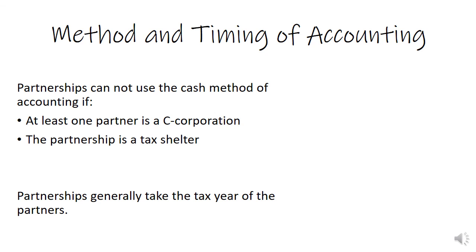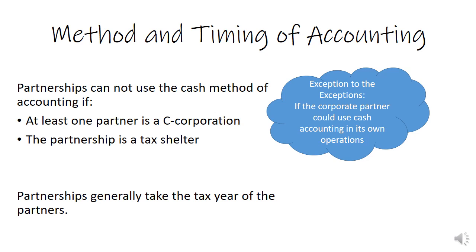Another decision that the partnership makes in and of itself is what type of accounting method to use and the timing of the accounting year. Partnerships can't use the cash method of accounting if at least one partner is a corporation or the partnership is a tax shelter. But being that this is tax, there's always an exception to the exception.